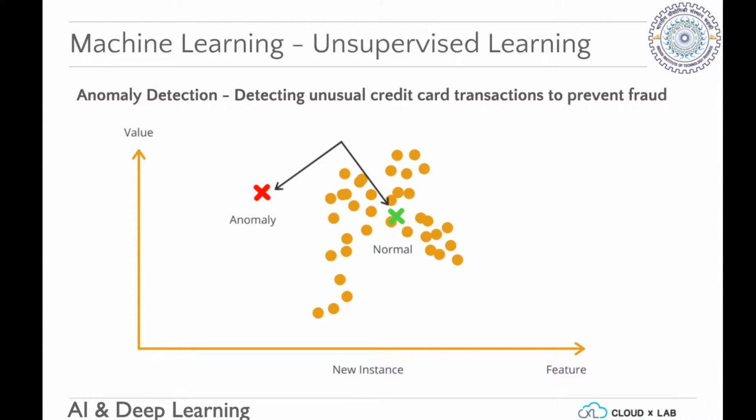If I use my credit card for a large international transaction, sometimes I get a phone call from my bank asking me if this transaction was done by me. Why? Because it has a certain idea of what kind of transaction I do. If it finds a transaction that does not follow my normal pattern, it's an anomaly, and it could probably be fraud. So these fraud detectors use unsupervised learning.